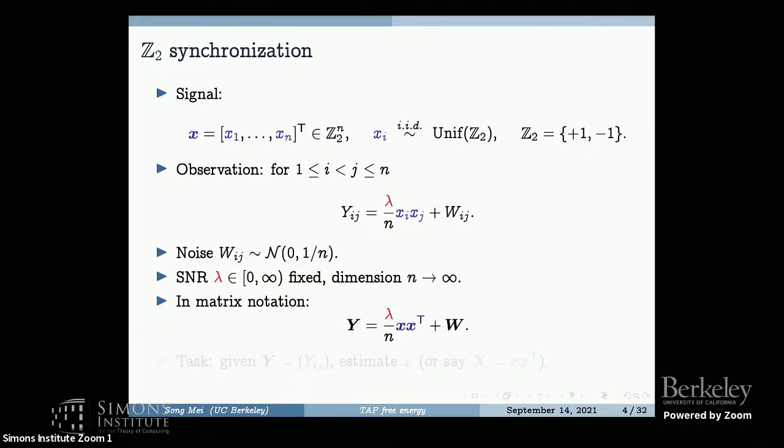In matrix notation, we have the n by n matrix y, which is a noisy GOE perturbation of the spike. The task is to estimate x given y, and because of the degeneracy of the Z2 sign, perhaps we can say that we estimate the matrix xx transpose.